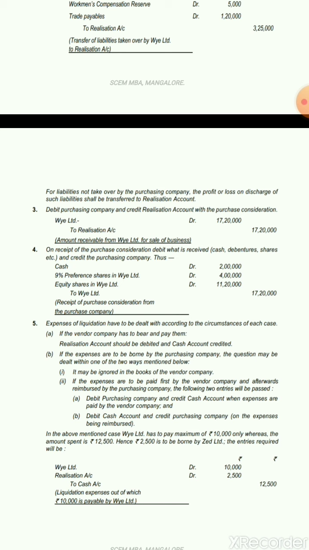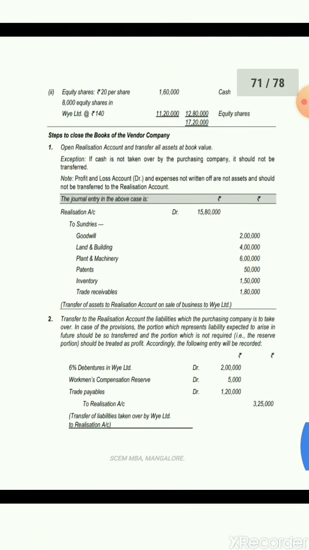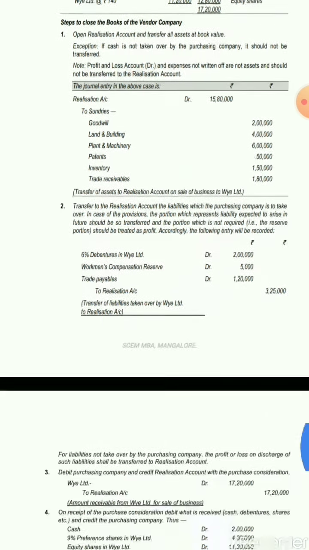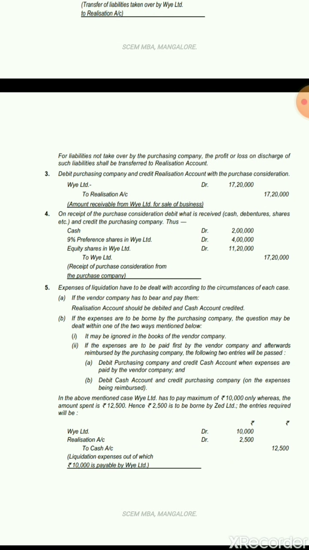That is Y Limited, purchasing, debit to realization account. The purchase consideration amount is 17,20,000, which we have calculated, right? This is 17,20,000. So the same amount should be written here.